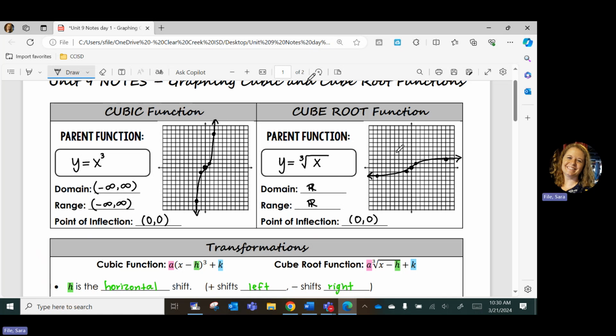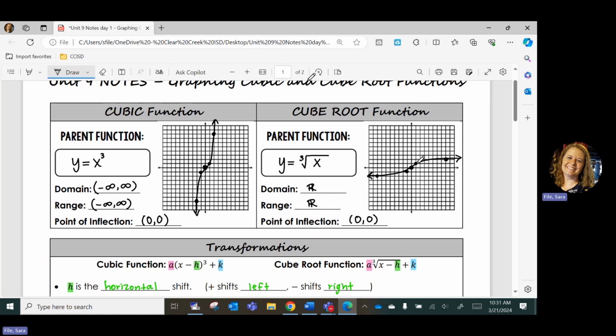If I move either of these graphs up, down, left, right, reflect over either axis, or I stretch or compress in any direction, will it ever not go on forever in both directions? No. There's no transformation that's going to change this domain or this range.